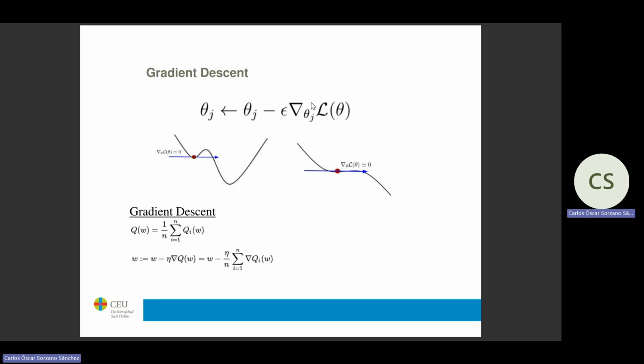Because we are in gradient descent, even if it is for a batch, what you compute in the batch is this. Q is the loss function. So you are computing the derivative of the loss function with respect to the weights, and then you are updating with some delta weight. If the derivative of this loss function is 0, it can be 0 in different ways.